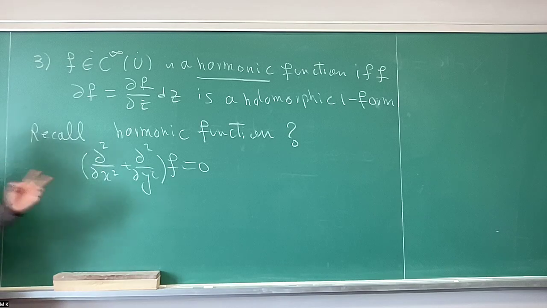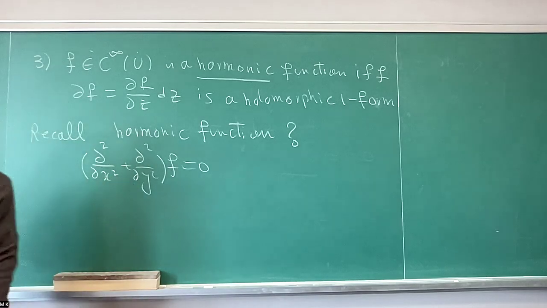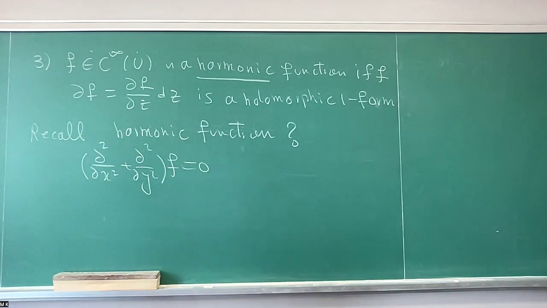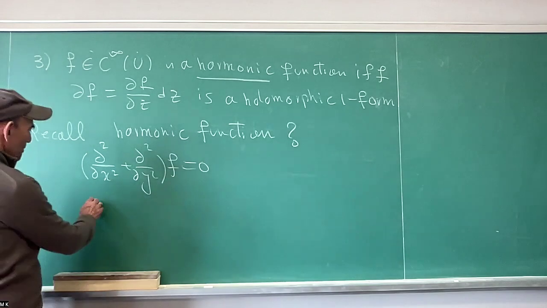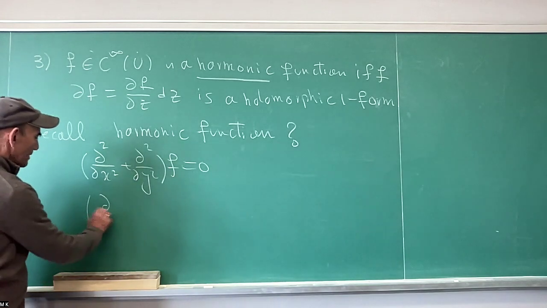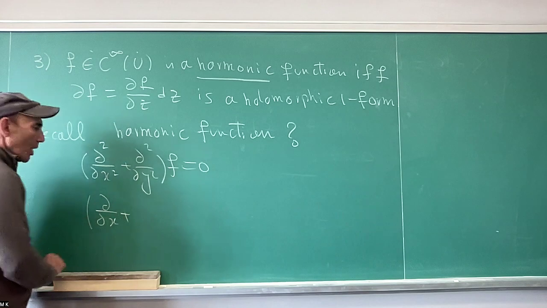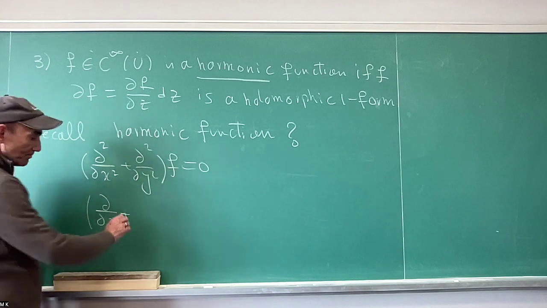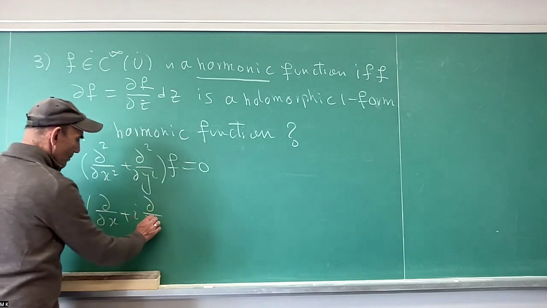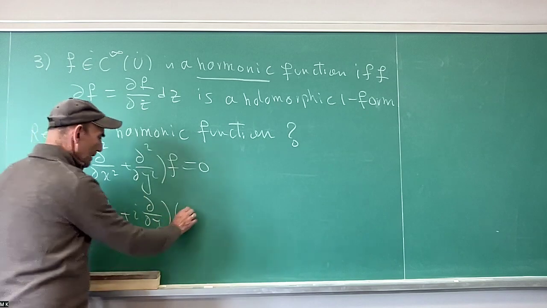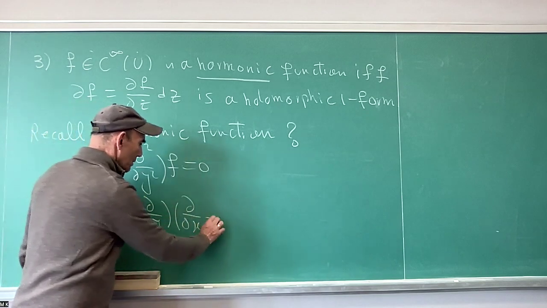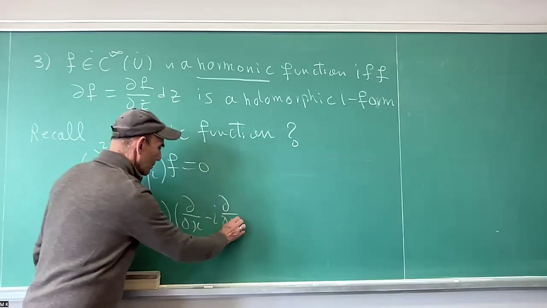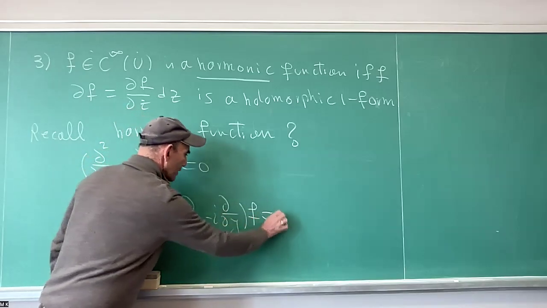Now you can write this in a very interesting way. A^2 plus B^2, you cannot factorize using real variables, but you can factorize it using complex variables. How? You can write this as (d/dx plus i d/dy) times (d/dx minus i d/dy) of f equal to 0.